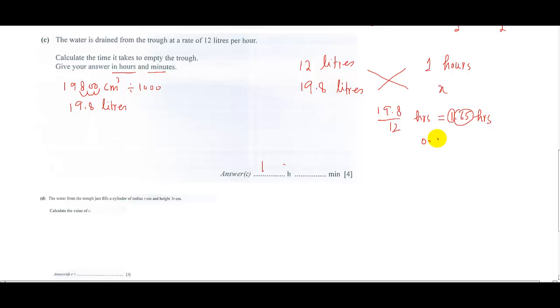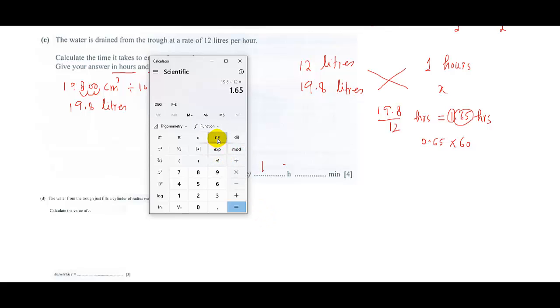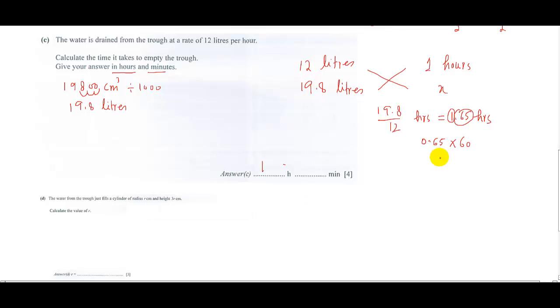So 0.65 into 60 is 39. So it is 39 minutes. So it will take 1 hour 39 minutes to drain this whole water out of the trough at the rate of 12 liters per hour.